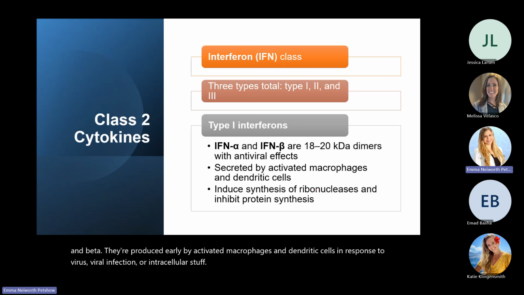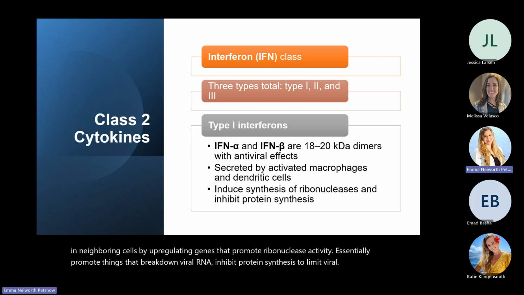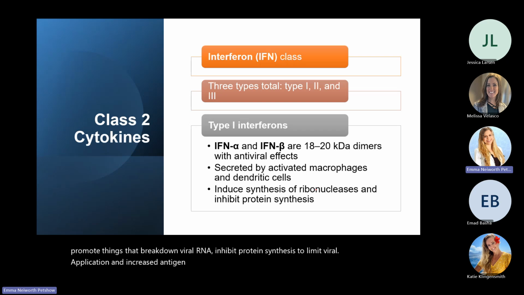Their goal is to produce an antiviral state in neighboring cells by upregulating genes that promote ribonuclease activity, essentially things that break down viral RNA, inhibit protein synthesis to limit viral replication, and increase antigen presentation machinery. Essentially this increases immune surveillance, asking these cells, what do you have to show? So type 1 interferons protect our uninfected cells. They don't do anything to help our infected cells at all.